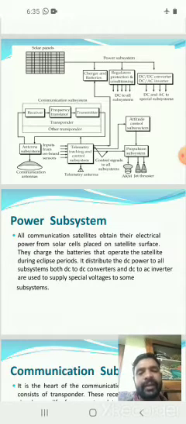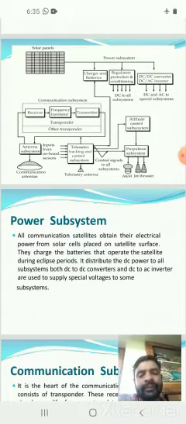At the same time, at the backside of the solar panels we have batteries. These batteries are charged in the daytime. At night time, when there is no sun, the batteries are used, and the battery energy runs the satellite subsystem.